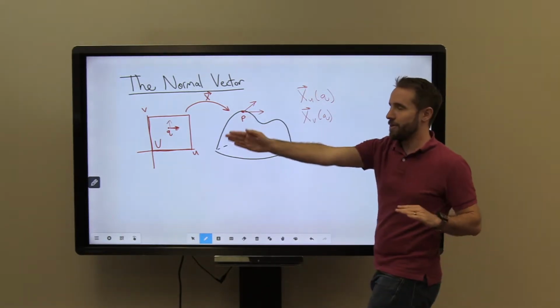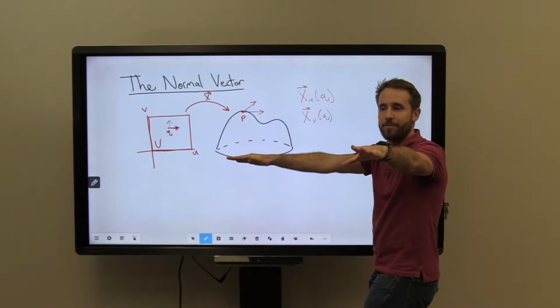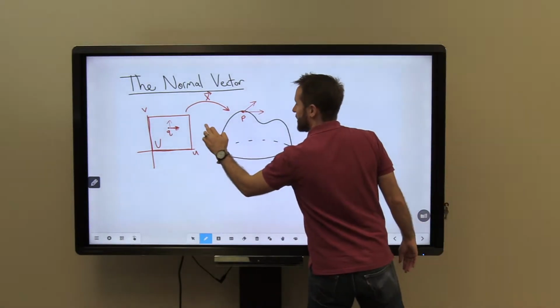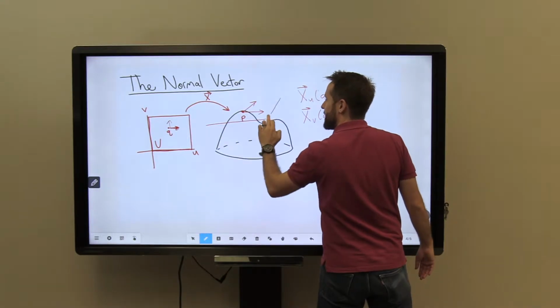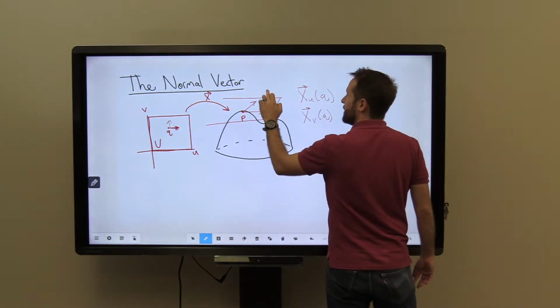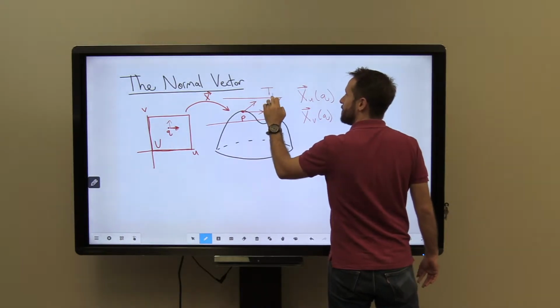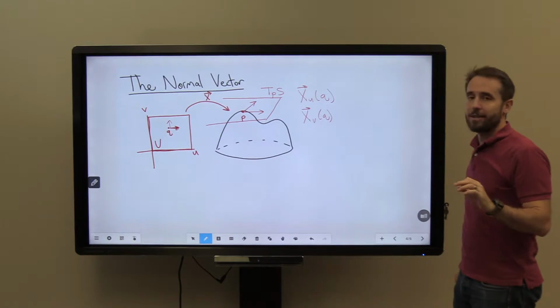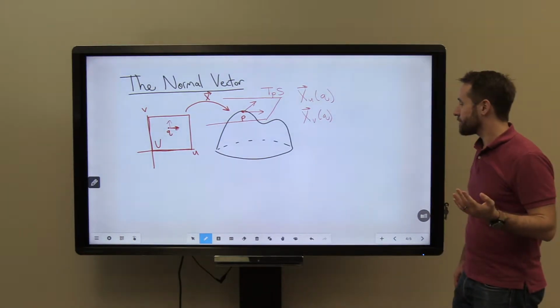So once I've determined my vector X sub U and my vector X sub V, they're determining my tangent plane, right? And so this gives me this tangent plane here, which we've been calling T sub P of S, the tangent plane to the point P of the surface S.